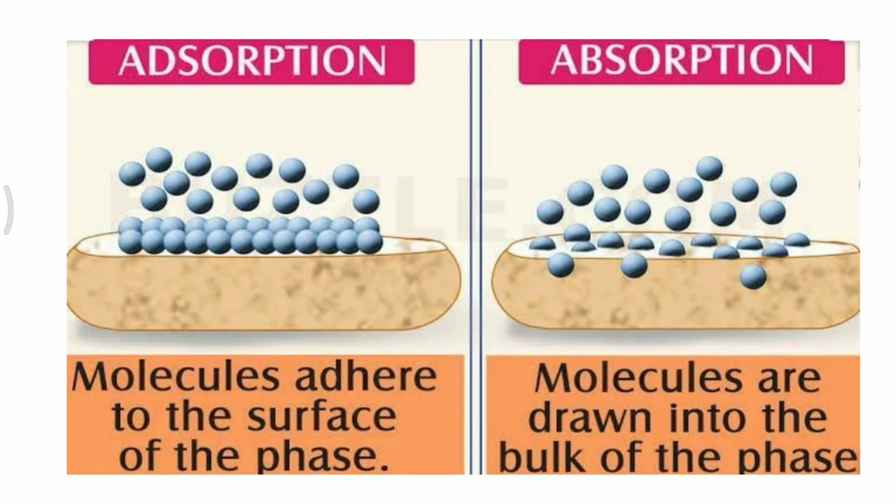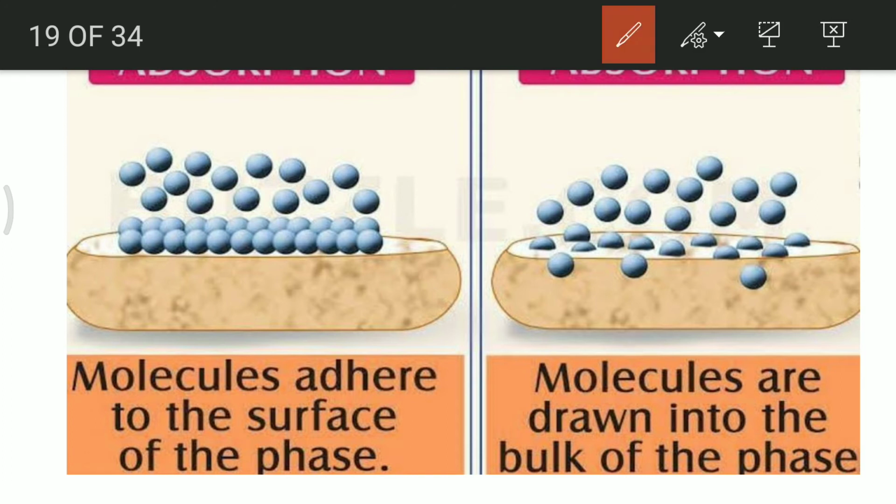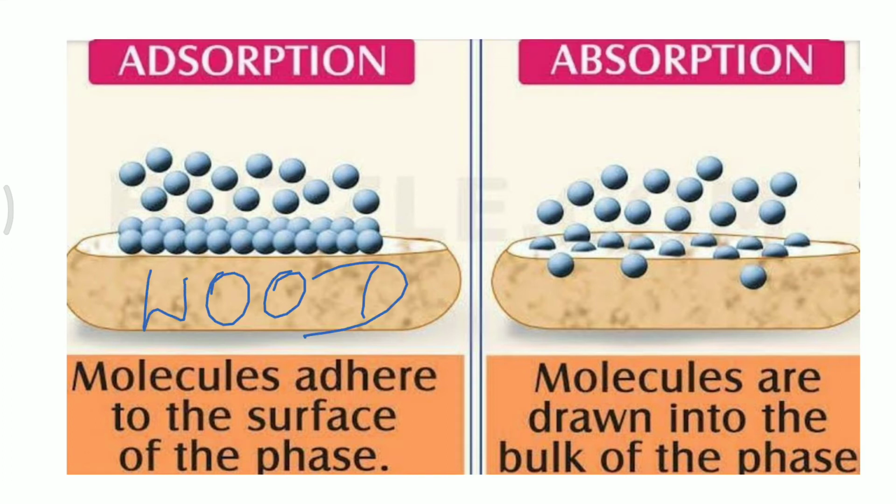Before we study the next topic, we should understand the difference between absorption and adsorption. Adsorption is a technique by which molecules adhere or just attach to the surface of any substance. So here, this white colored substance, you can think of it as wood, and over the wood surface, just think that the water molecules are dispersed over it or attached to it in layers.